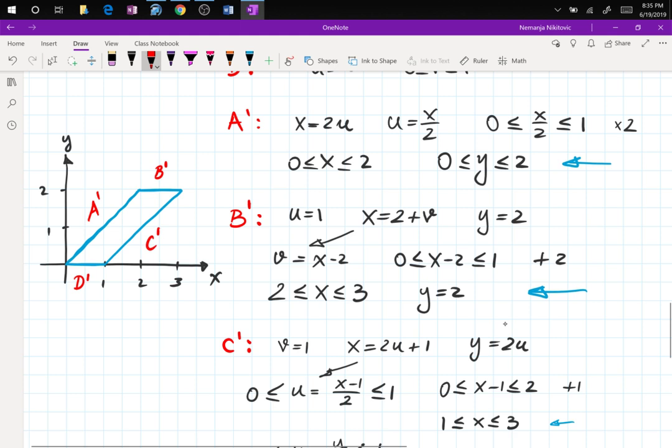Now, what actually is going to happen in problems, you are supposed to transform from the shape like this back into the square for easy integration. I will cross that bridge when we get there.